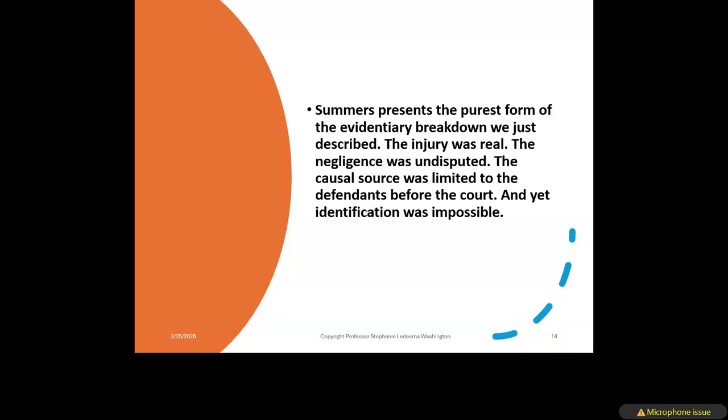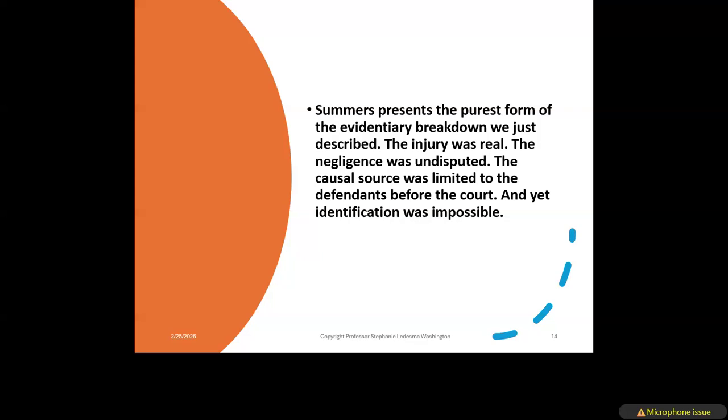Okay? We're going to look at the Summers v. Tice case because Summers v. Tice presents the purest form of the evidentiary breakdown that we just described that is addressed by Section 28. The injury in Summers v. Tice is real. The negligence in Summers v.